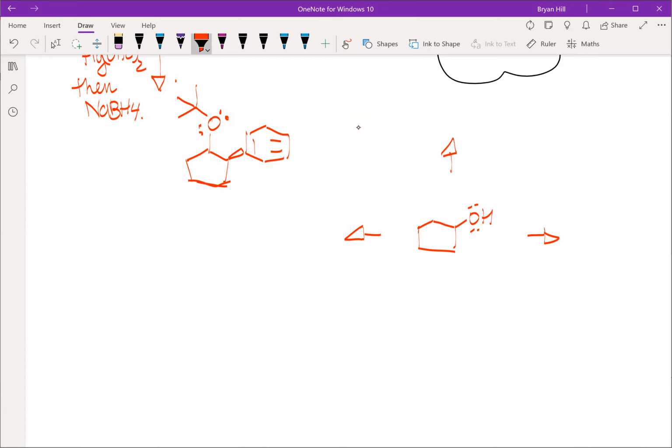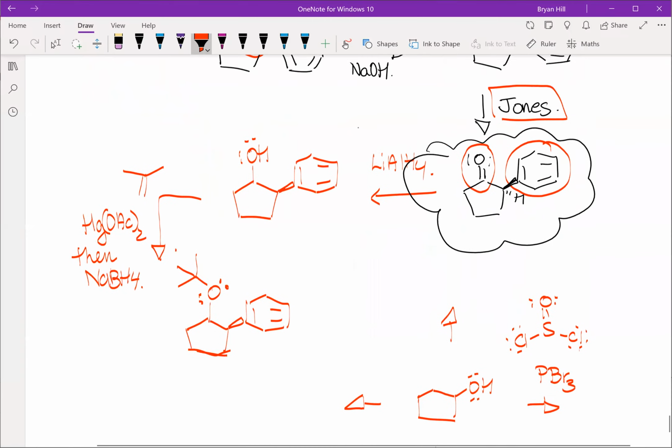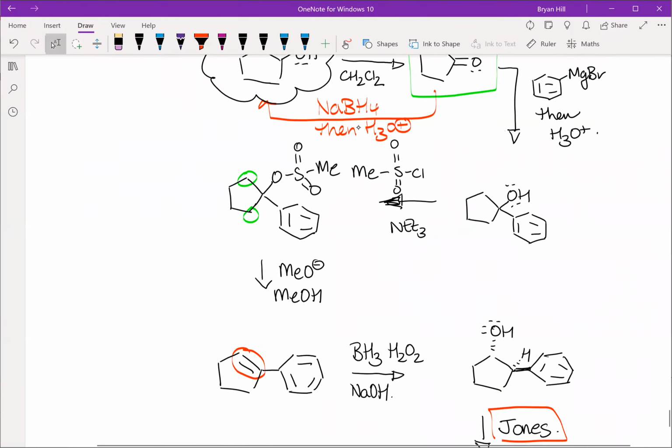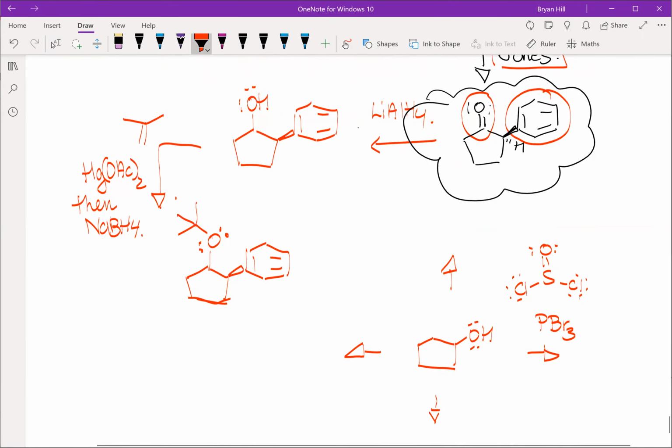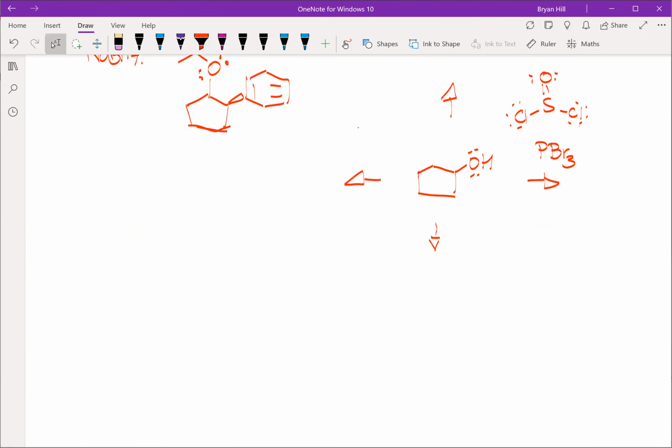Remember, we could do SN2 type reactions with the phosphorus tribromide and the thionyl chloride. There's ways to make it into alkyl halides. So I would make my reaction webs with all of the functional groups that we've seen so far. And doing that helps with coming up with little routes and stuff. But we'll do a review on Thursday.